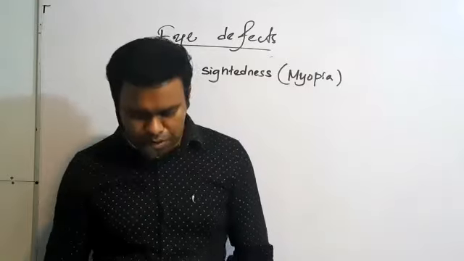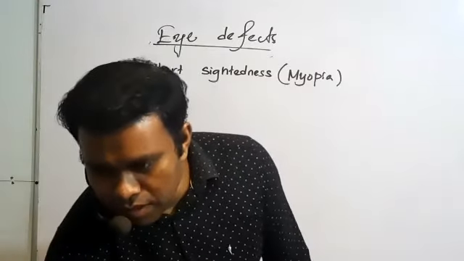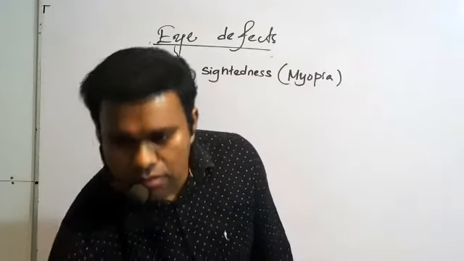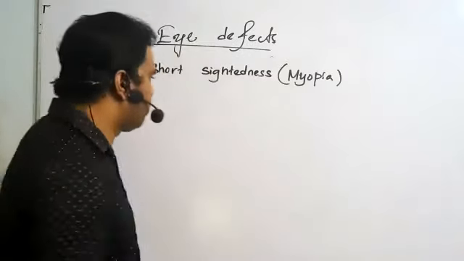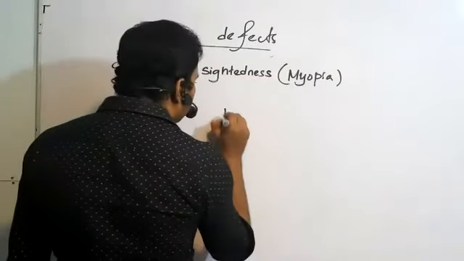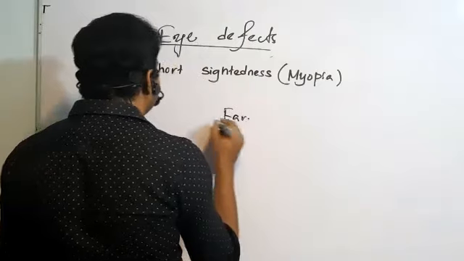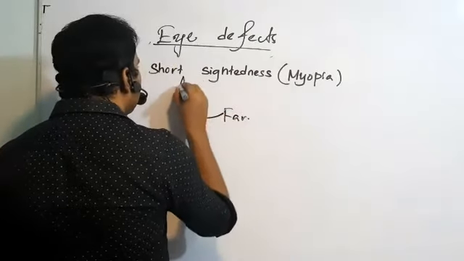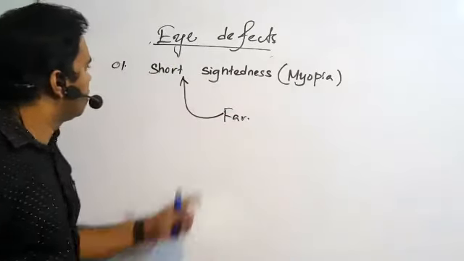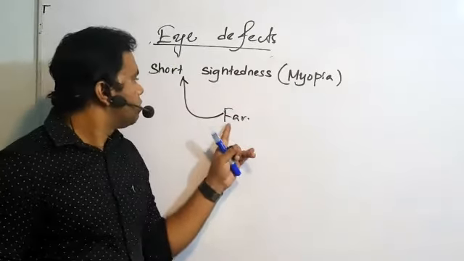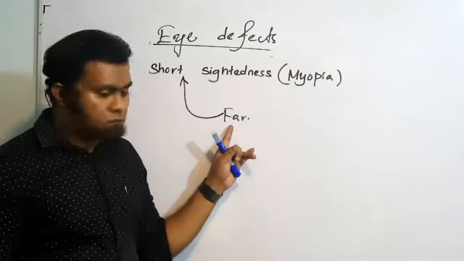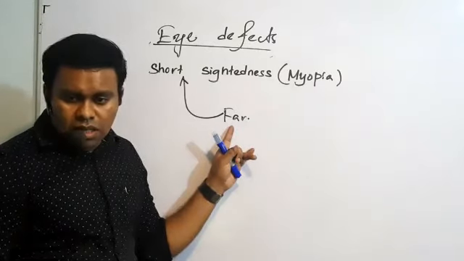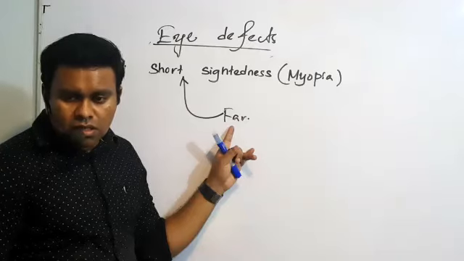Let's look at this condition. Can't see far. Then that means you belong to this short-sightedness. But my glasses are not convex.